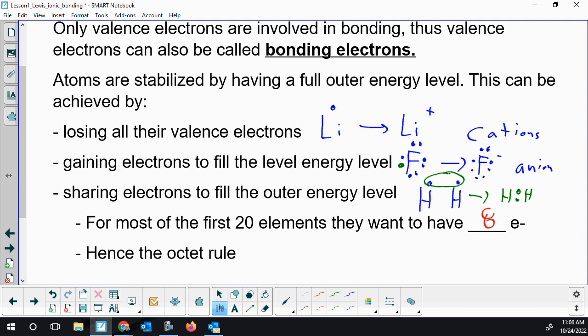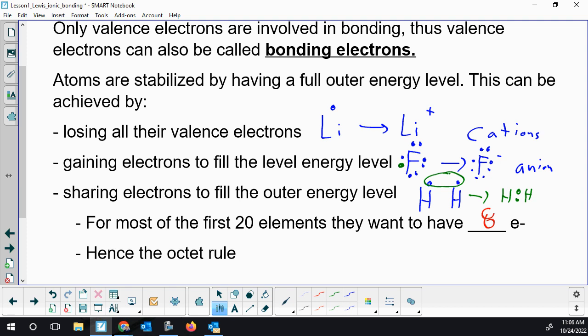They don't have to own all 8. They could have 4 and share another 4, and that would give them 8. Again, we saw 2 exceptions to this. Hydrogen and helium only want to have 2 because they're in the first energy level. The octet rule ignores the d block, transition metals.